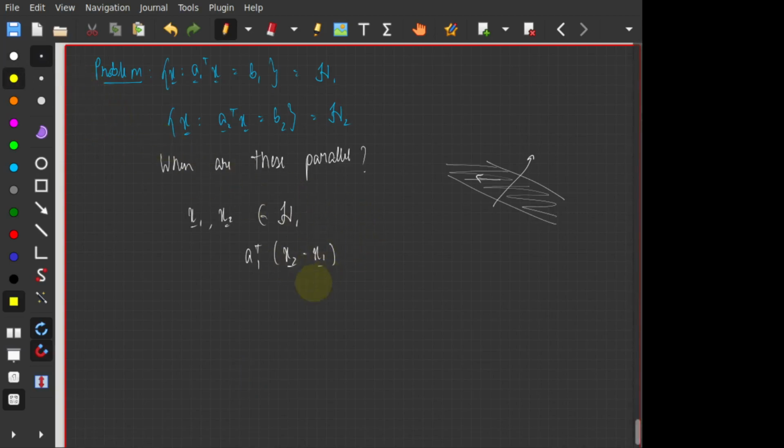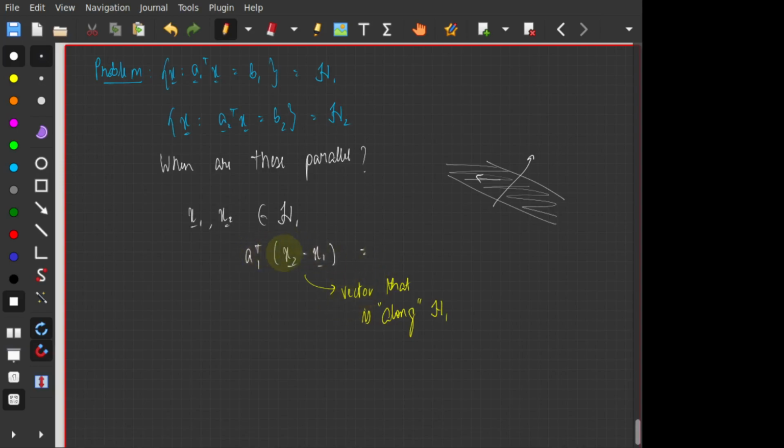By definition, what is this equal to? 0.